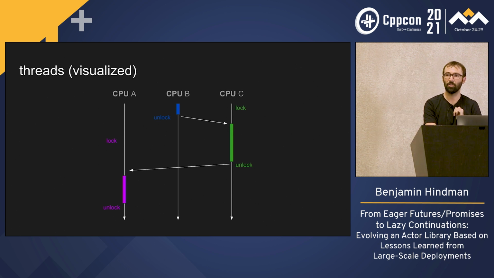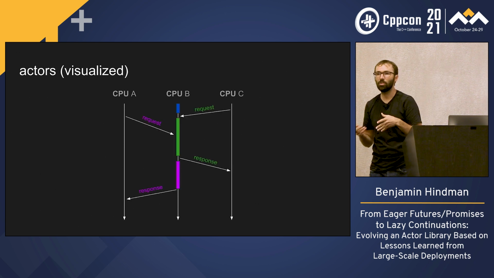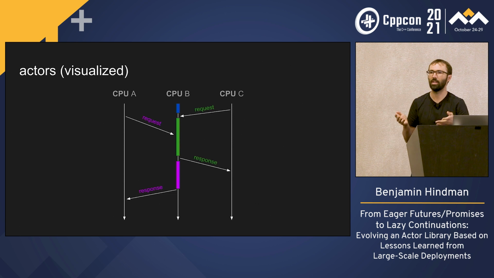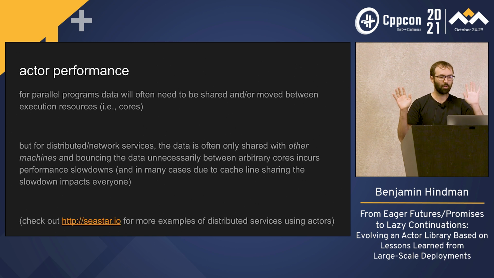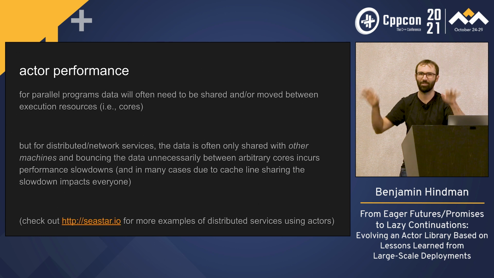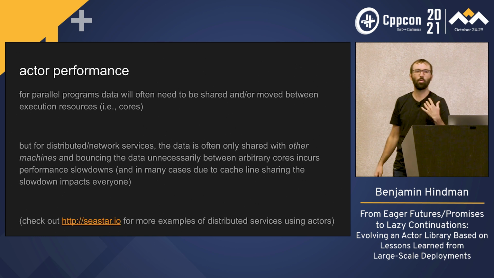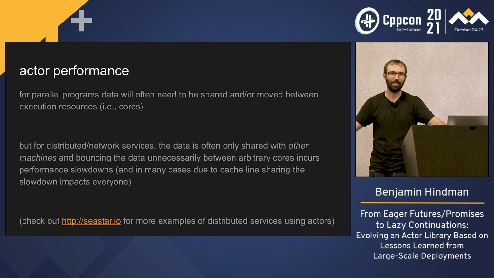Contrast this, say, with actors, which is the typical implementation of actors, where actors are pinned to a CPU, and the data doesn't move. So you can get huge performance benefits. Listen, for parallel programs, often the data is going to have to move. That's the whole point of parallel programs, is I want to put the data in a bunch of different threads and have them execute. But for a lot of the work that we do for distributed and network services, the data is often not shared with other threads that need to do parallel work.